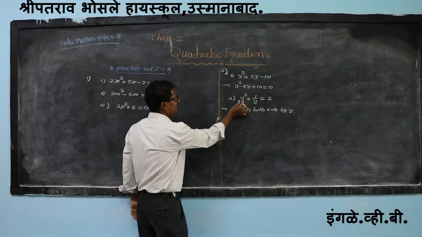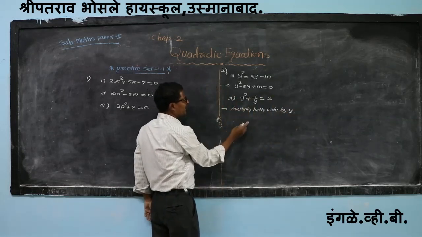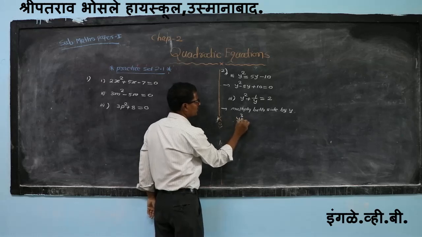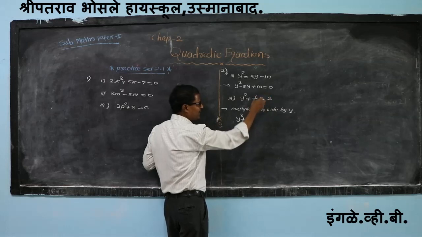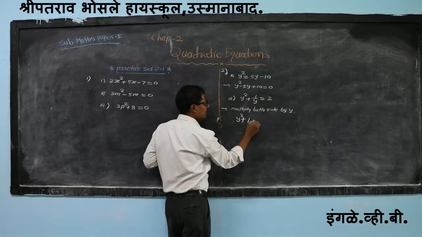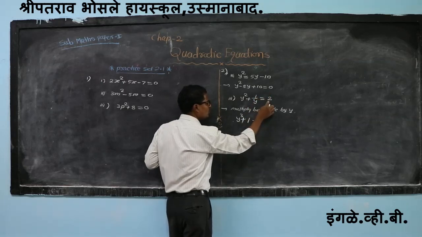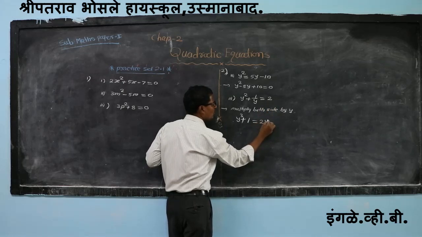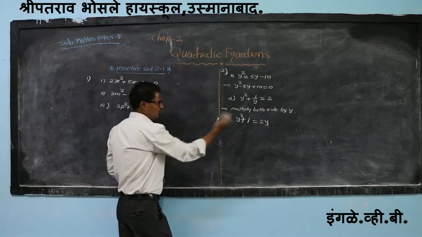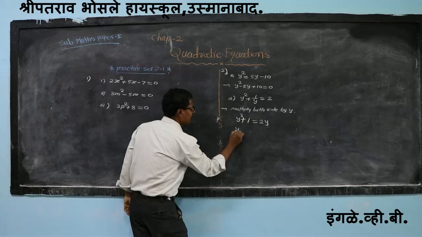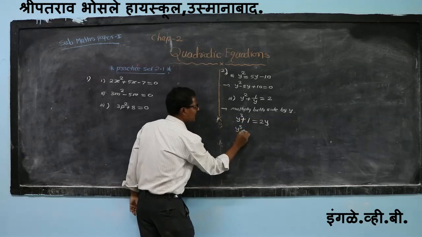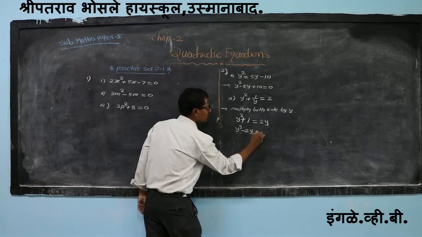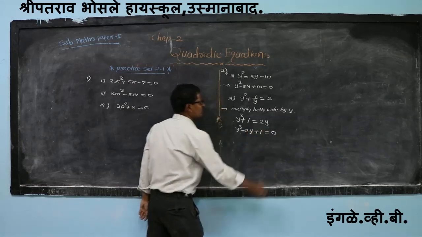So y square multiplied by y gives y cube, and 1 by y multiplied by y gets eliminated, we get 1, is equal to 2 multiplied by y, that is 2y. Take 2y to the left hand side: y cube minus 2y plus 1 is equal to 0.